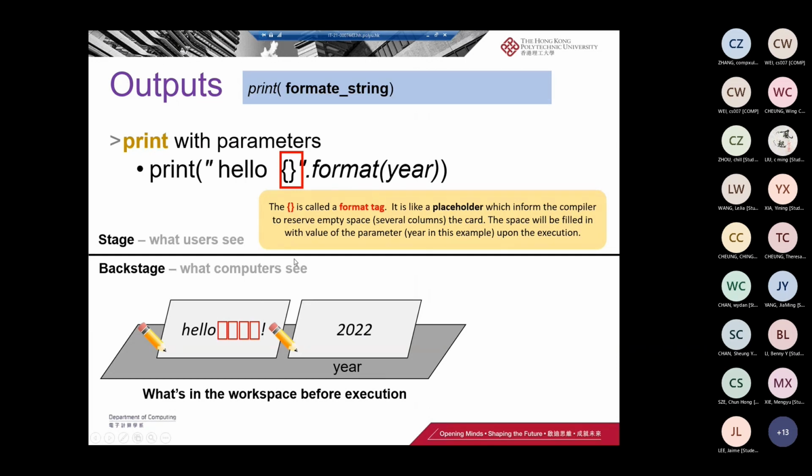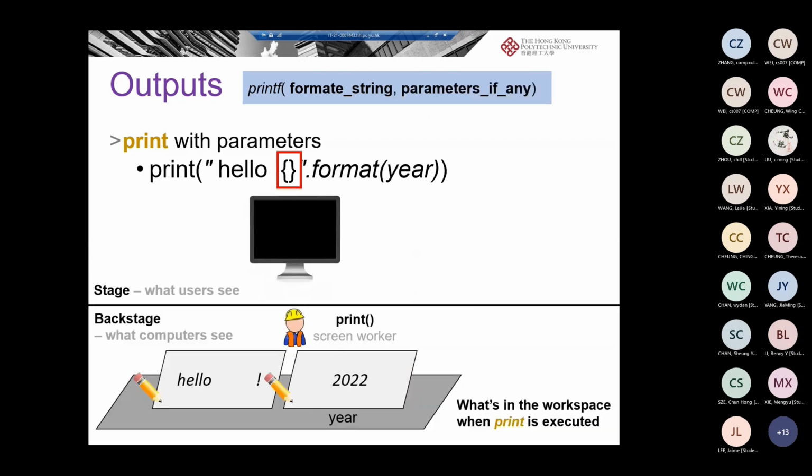Just replace that part. That's the reason you see hello 2022, and also this is what's happening. It's not that print is copying the value directly, rather it replaces the place reserved for that value.